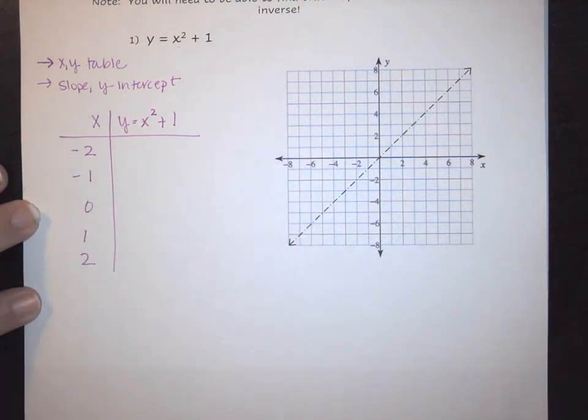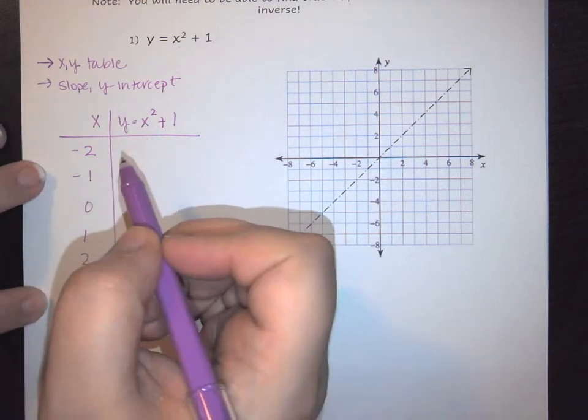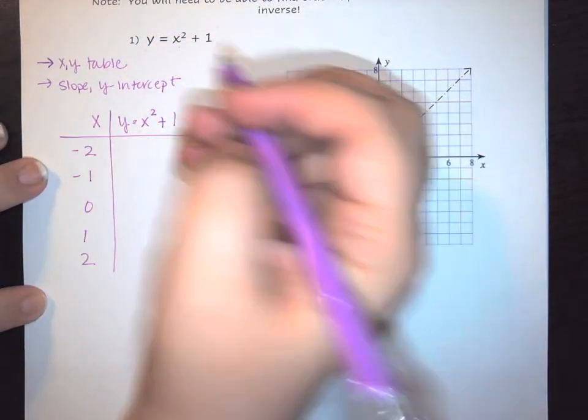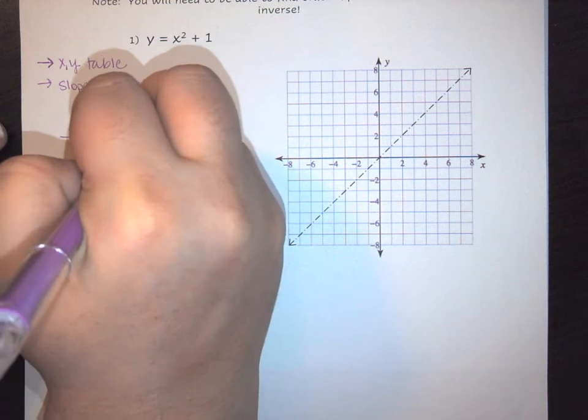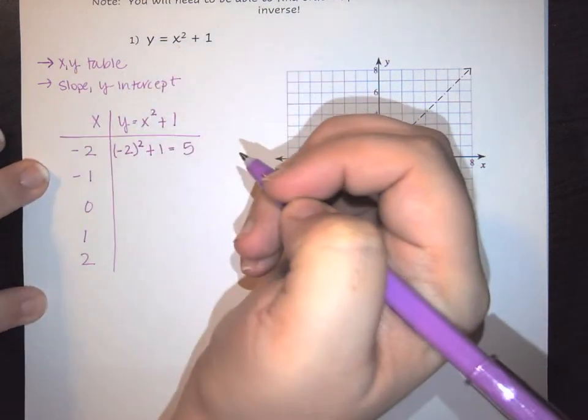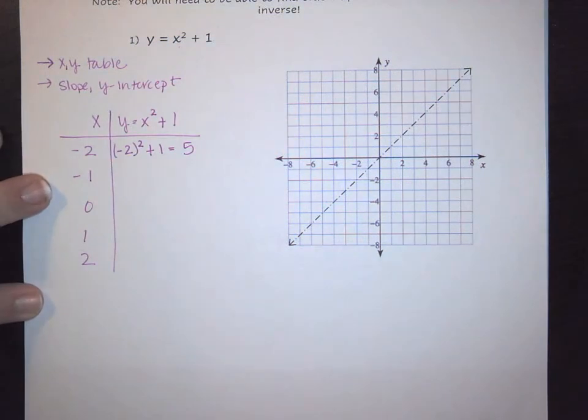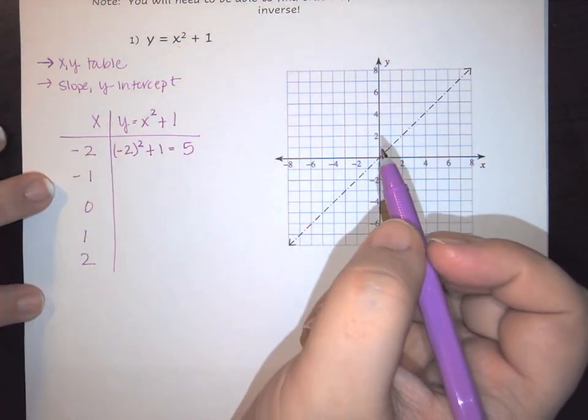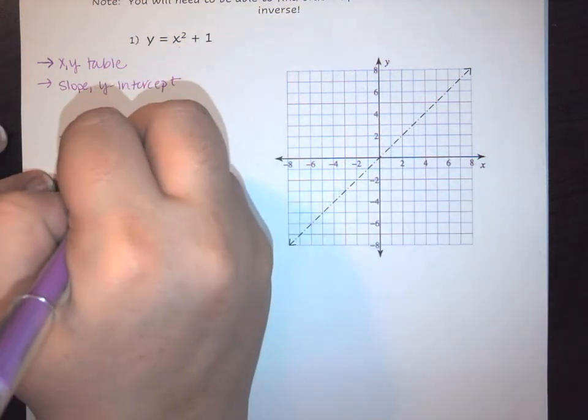The first thing I do is plug it in. -2 squared is 4, plus 1 is 5. So here you have -2 squared plus 1, which gives you 5. Then we have -1 squared plus 1, which gives you 2.